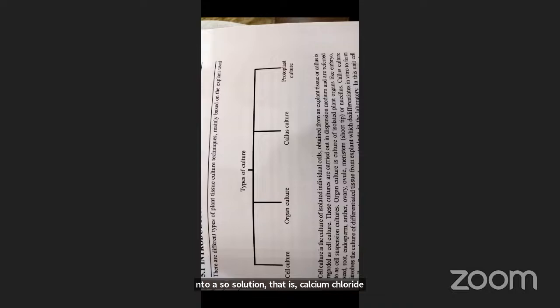Now the surface complexation begins immediately, and each droplet forms calcium alginate capsules around each embryo. Now this is called a synthetic seed.